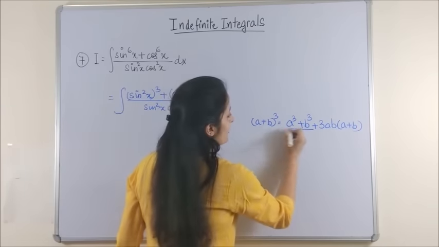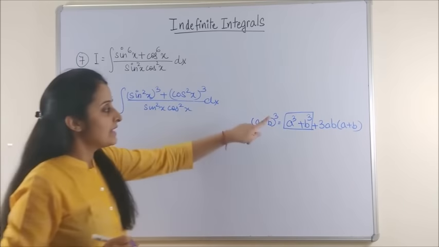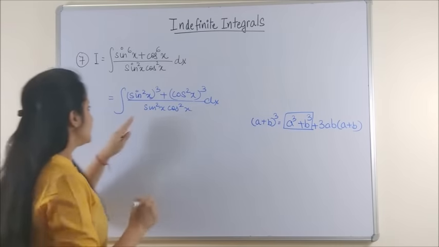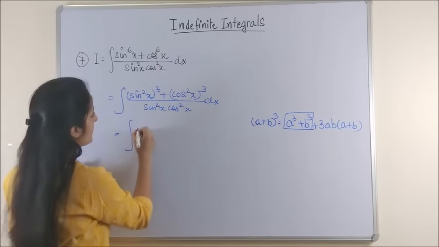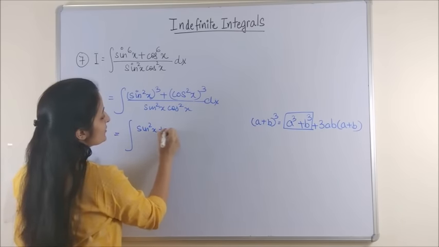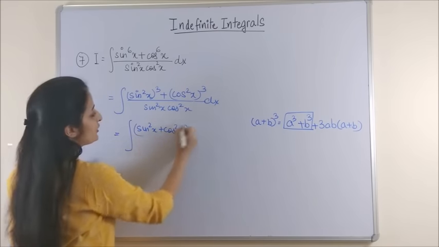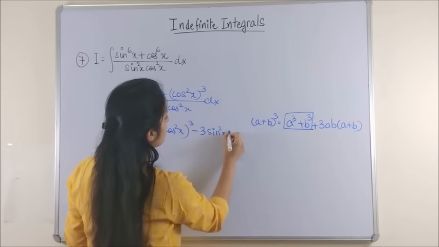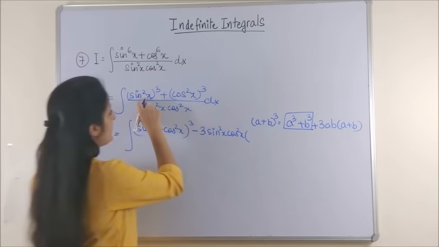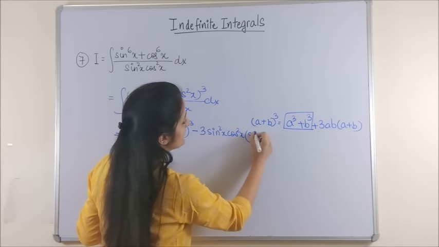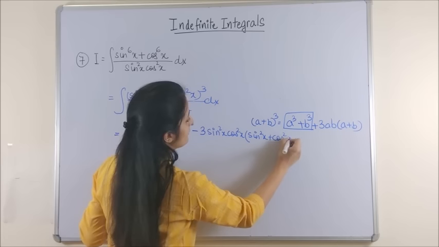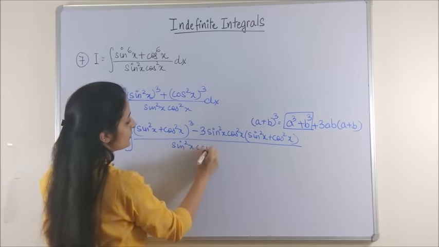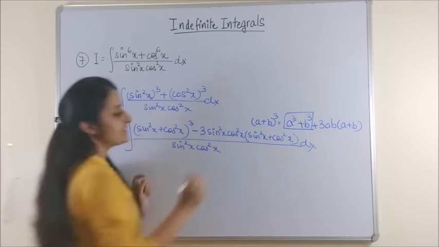So from here, your a cube plus b cube is a plus b whole cube minus 3ab into a plus b. Thus, this becomes sin square x plus cos square x whole cube minus 3 into ab into a plus b, whole upon sin square x into cos square x whole dx.